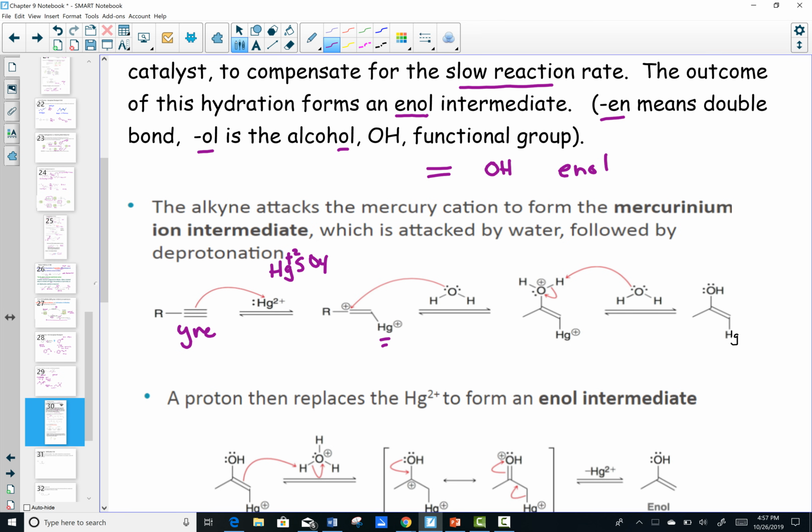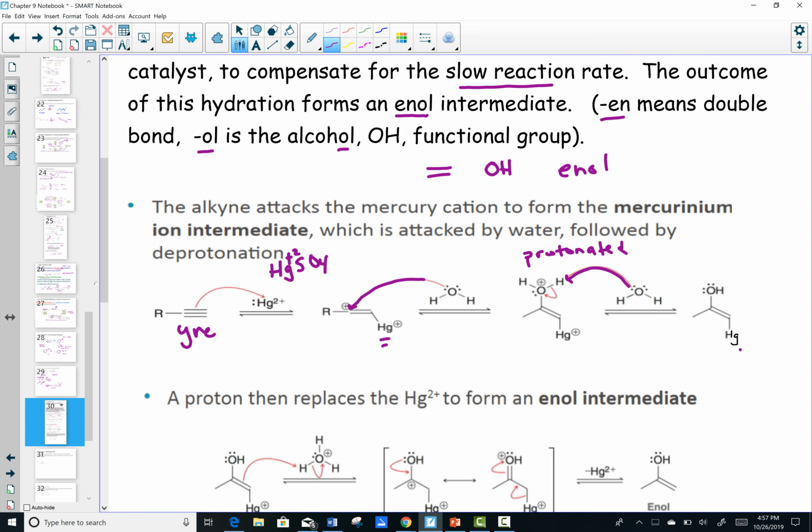In our next step, the water then reaches out and attaches to that positive carbocation region. We called this a protonated alcohol. And again, the second water molecule just reaches out to pluck off a proton, deprotonates that alcohol, and it created then the alcohol group.